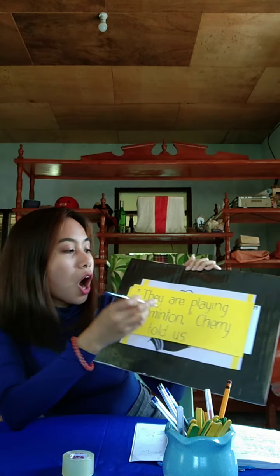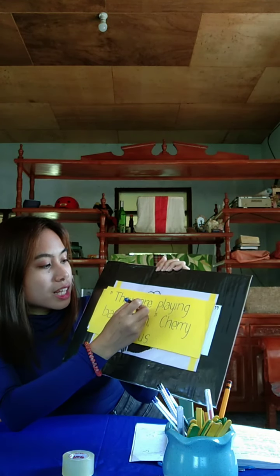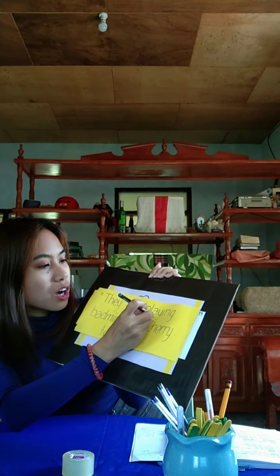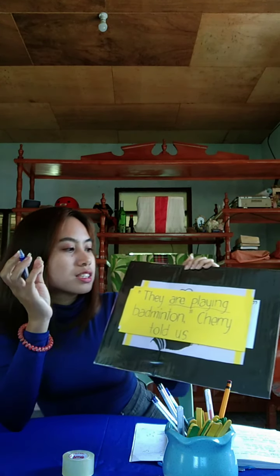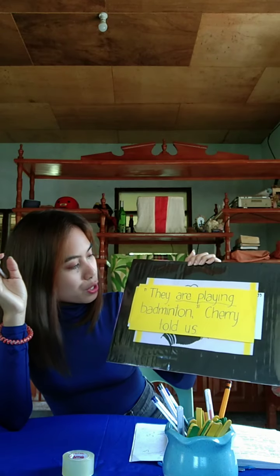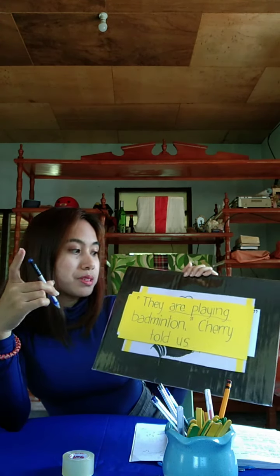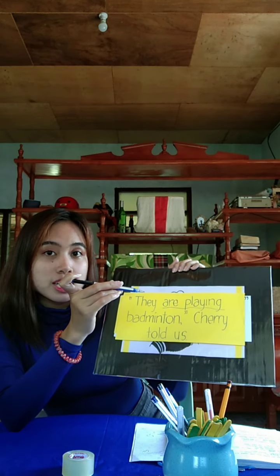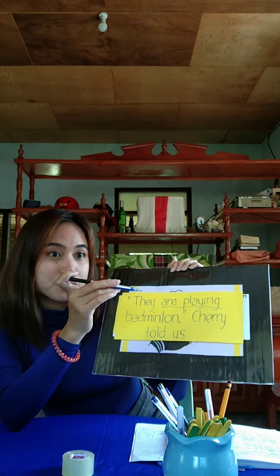The verb here is are playing. This is our verb. So, identify the verb tense of are playing. What is the verb tense of are playing? It is present continuous.